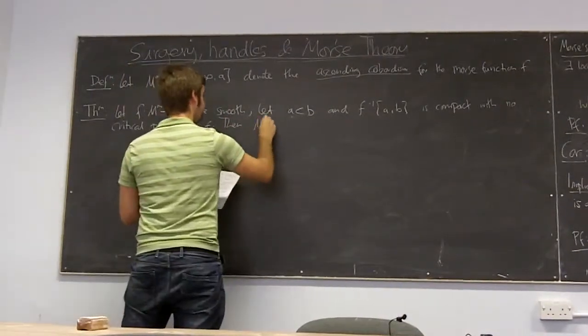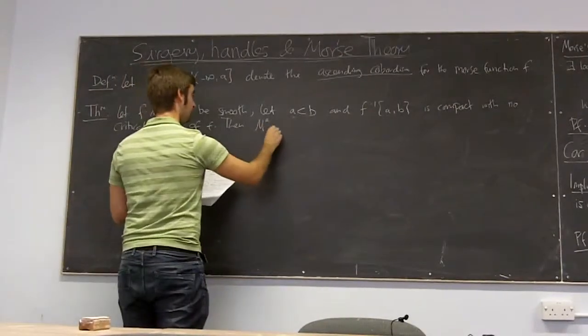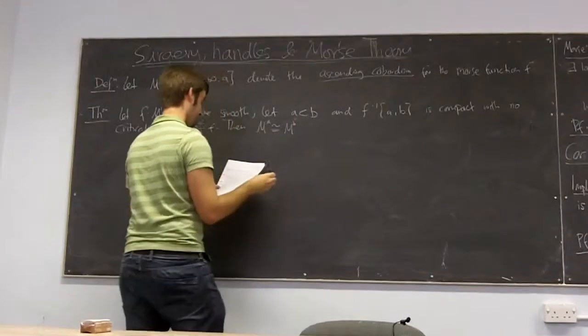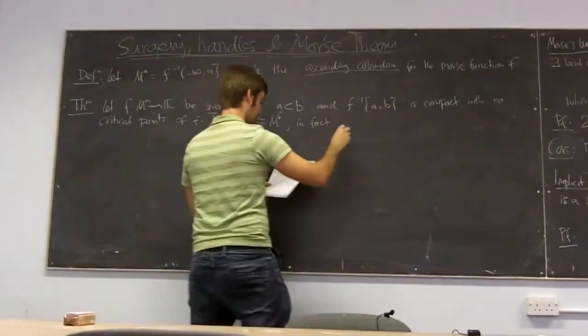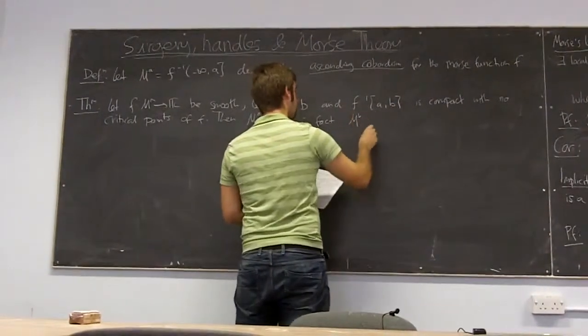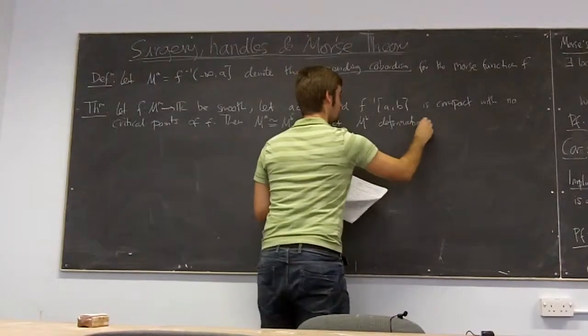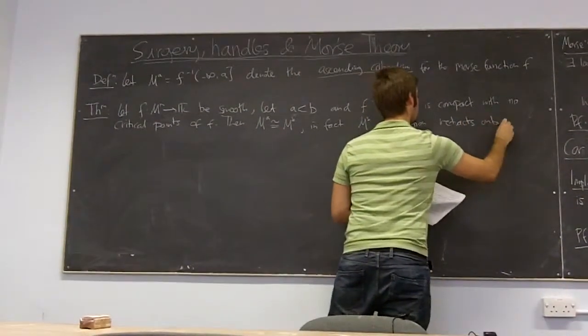Then the ascending cobordism up to A is diffeomorphic to the ascending cobordism up to B. And in fact, MB deformation retracts onto MA.